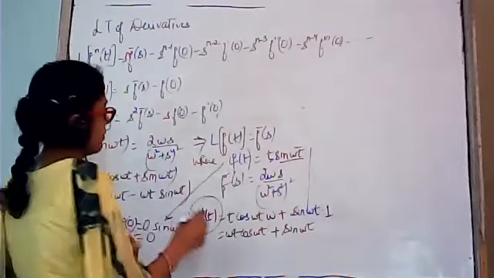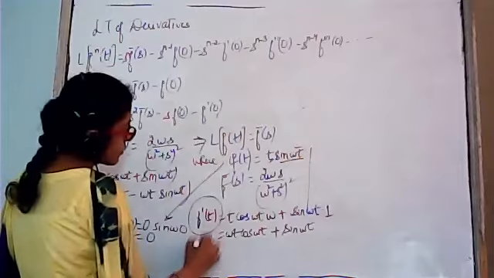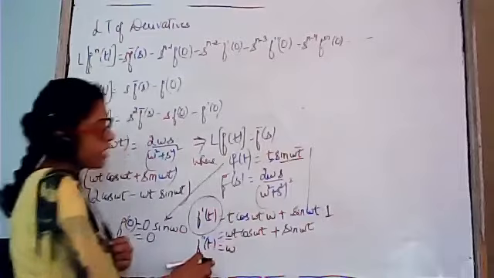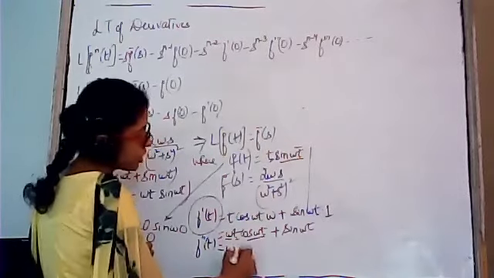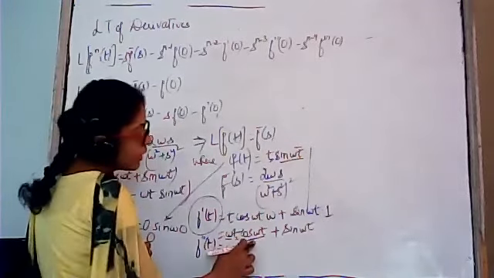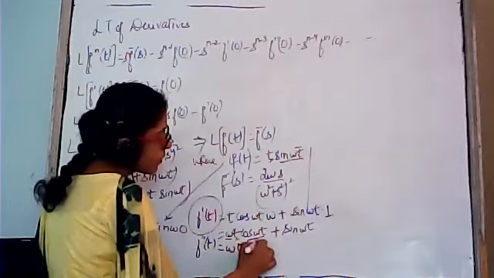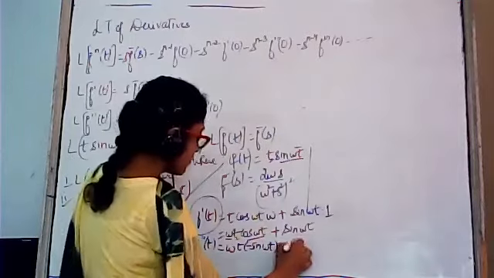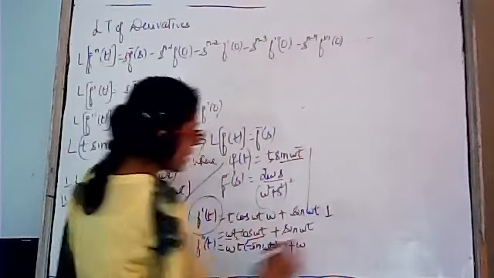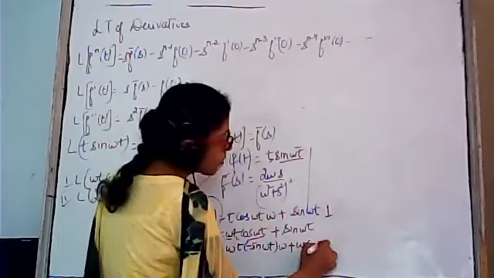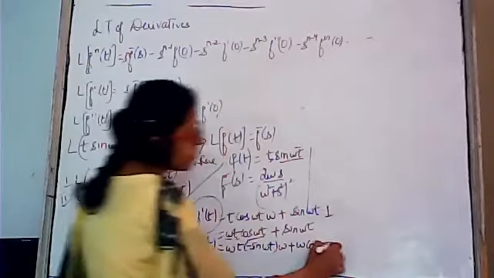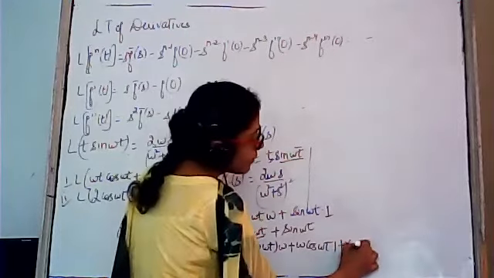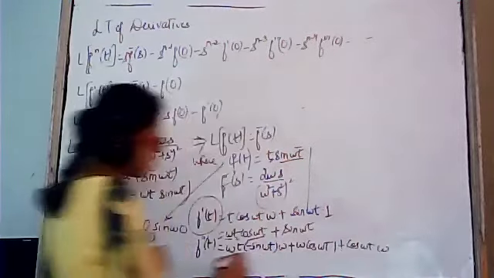After that, if we again differentiate this term, f double dash t, omega is constant, it will remain as it is. First function, second function, it will be t. Differentiation of cos omega t will be minus sine omega t into omega plus, again this omega will remain as it is, cos omega t will remain as it is, and differentiation of t will be 1 plus differentiation of sine omega t will be cos omega t into omega.